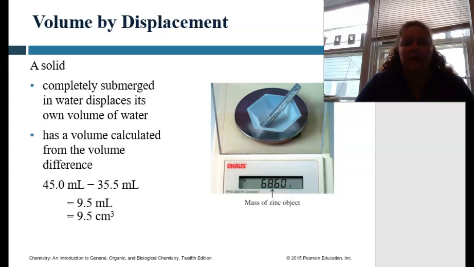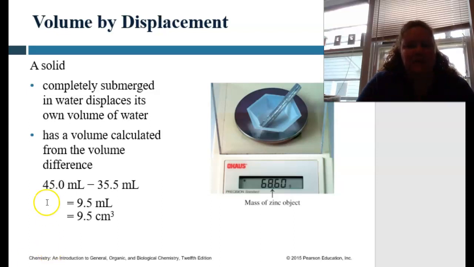So there's a fun little thing that you can do, and we can figure out volume by displacement. I would love it if you guys did this. If you have a cup and a scale, you can play around in your kitchen and do this. A solid, when it's completely submerged in water, displaces its own volume of water. So a volume can be calculated from the difference in volume, right?